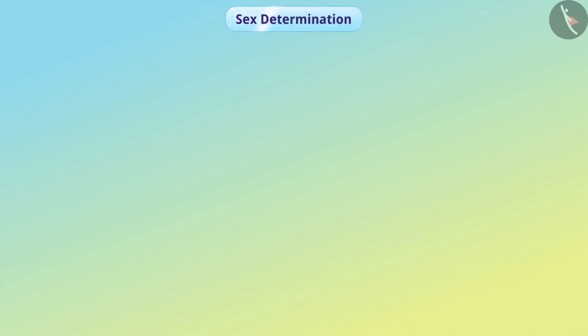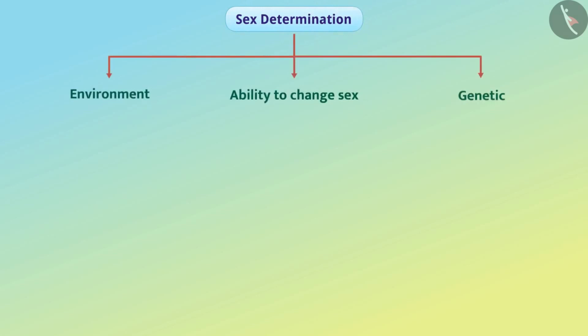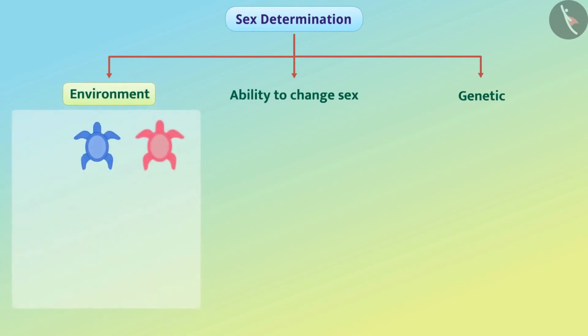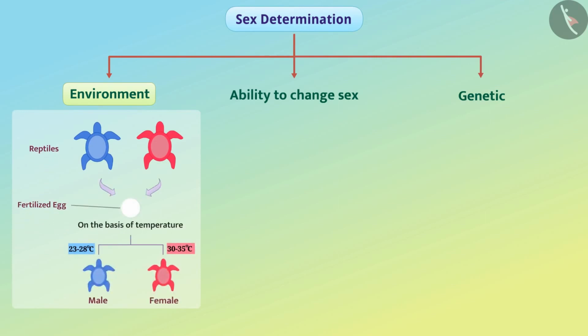The sex determination of an organism depends on various factors. For example, sex determination in some organisms depends on the environment, such as in some animals like reptiles, the temperature at which the fertilized egg is kept determines whether the offspring will be a male or a female.